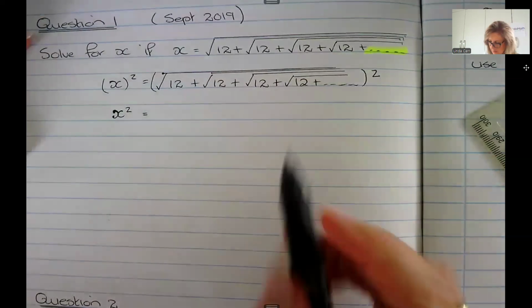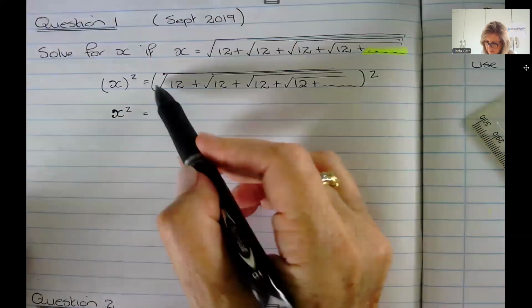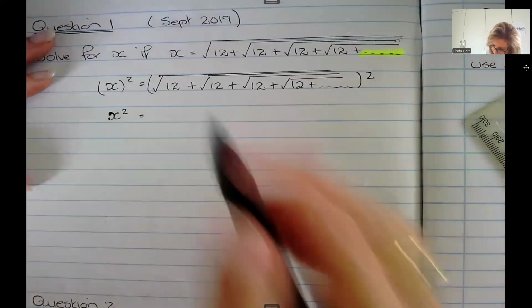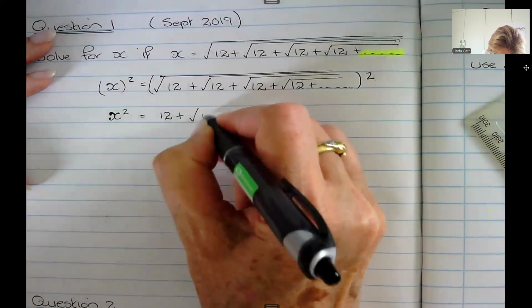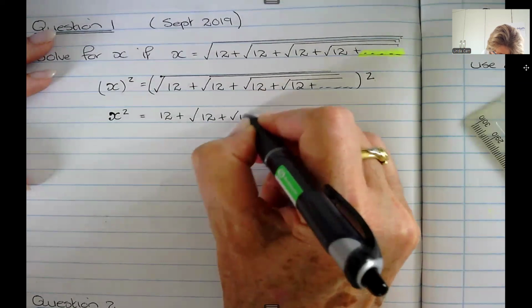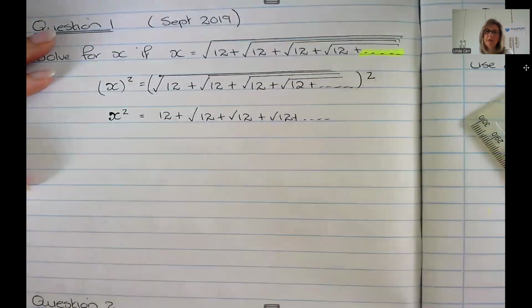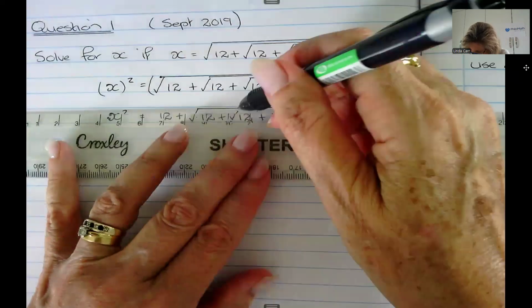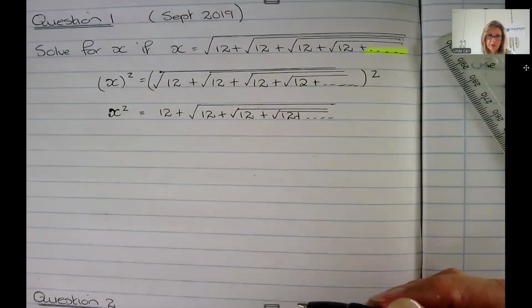On the right, the only thing that we get rid of is the first, biggest square root sign. So we're now left with 12 plus, and then the rest just carries on. At this point, you're feeling a little bit like, why did I bother? Because it looks like we haven't made any progress. The good news is we actually have made progress.